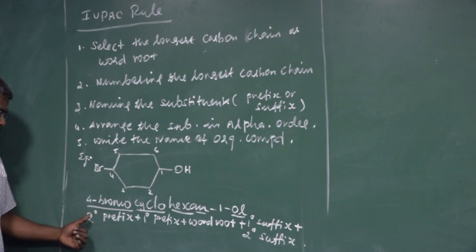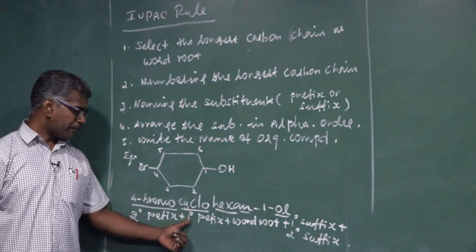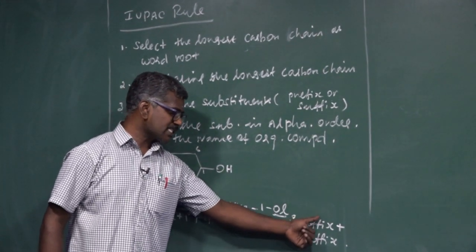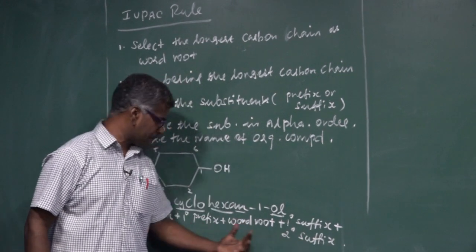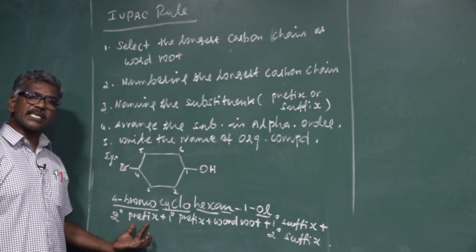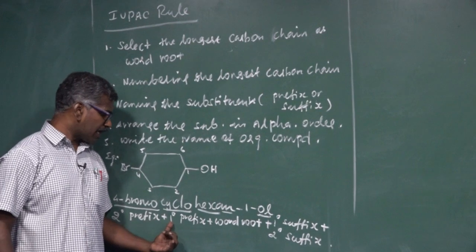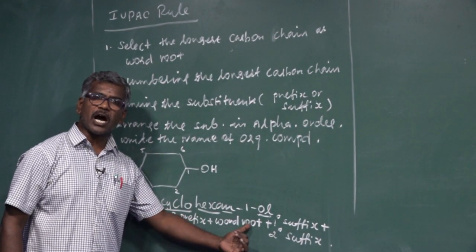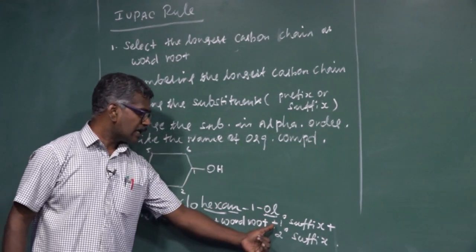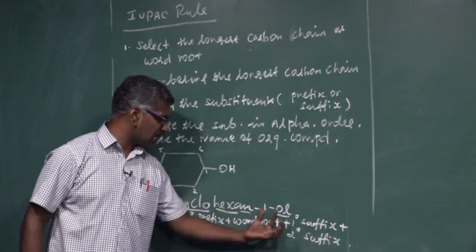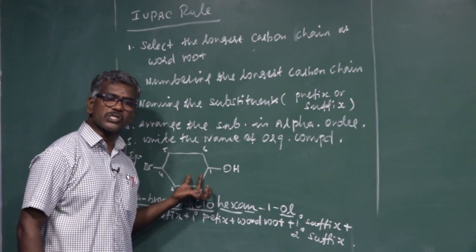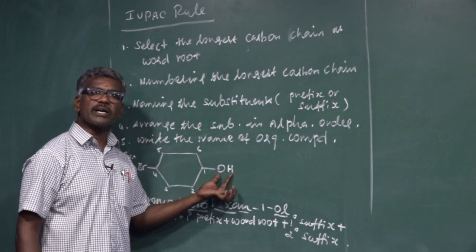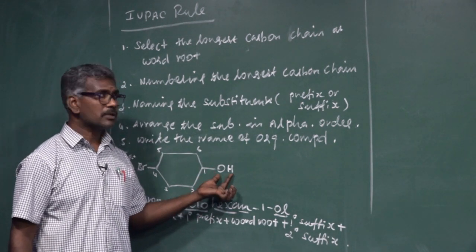What is the rule? Secondary prefix plus primary prefix plus word root plus primary suffix plus secondary suffix. Secondary prefix indicates the substituent. Primary prefix indicates a cyclic compound. Word root indicates the number of carbon atoms in the chain. Primary suffix indicates whether the chain is saturated or unsaturated. Secondary suffix indicates the functional group, here the alcohol functional group.